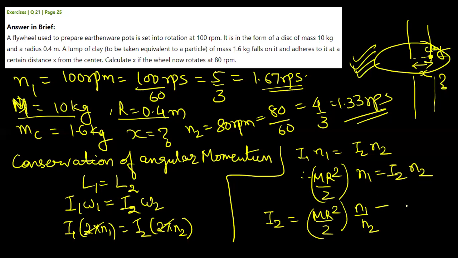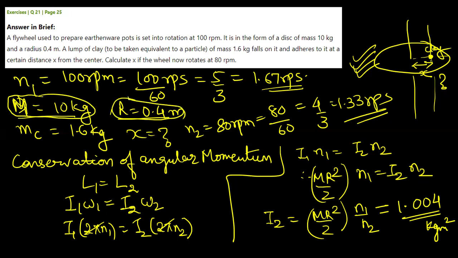The value of I2 will be 1.004. The value of m is 10 kg, the value of r is this, and when you multiply mr² by 2 into n1 upon n2, you get 1.004 kg meter square for the I2 value.